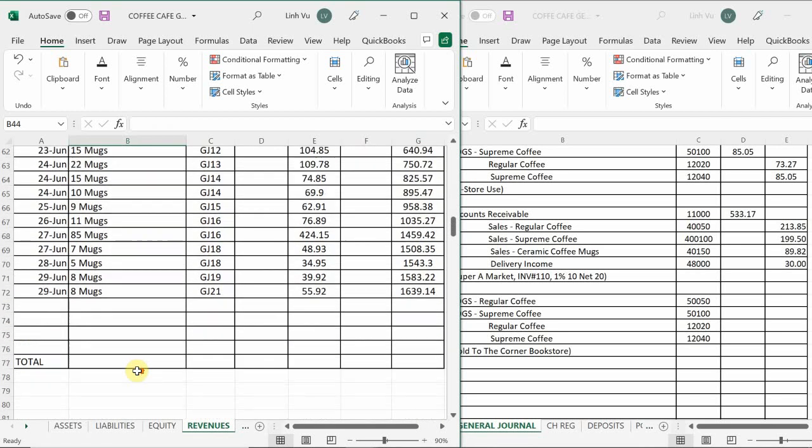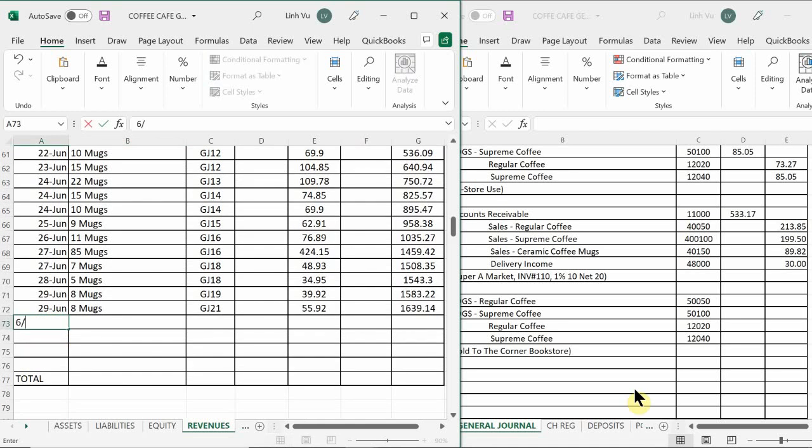We sold some ceramic coffee mugs. How many mugs did we sell?